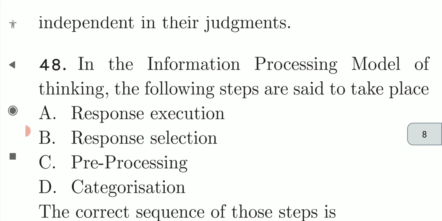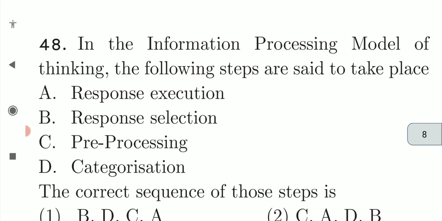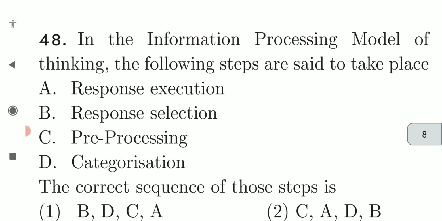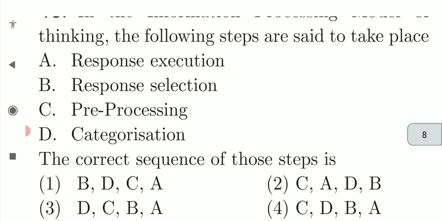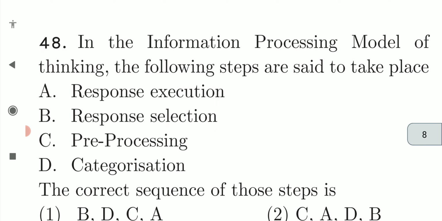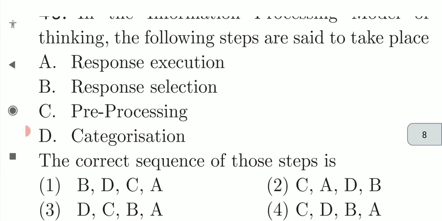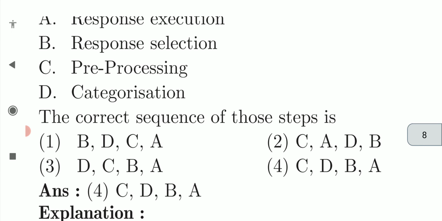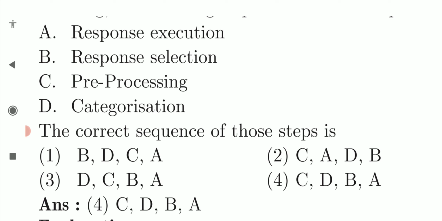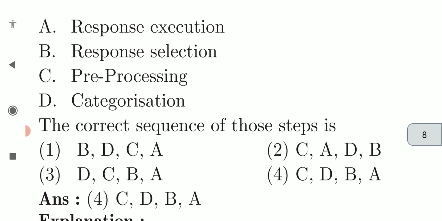In the information processing model of thinking, the following steps are said to take place. What are these: response execution, response selection, pre-processing, categorization. The first option is C, pre-processing. First of all, we have to pre-process.